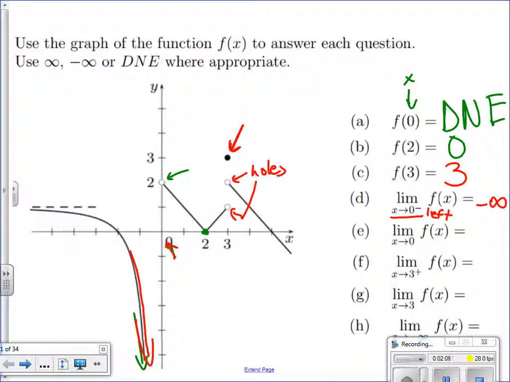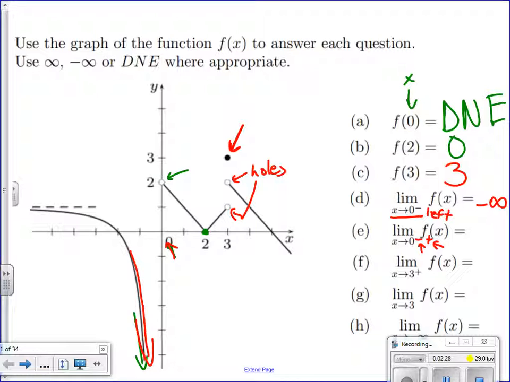Now, for E, when it's saying the limit as x approaches 0, just 0, it doesn't say left or right or negative or positive of this function, it's implying, well, what is it on both sides? What is it as it approaches from the left side, and what is it as it approaches from the right side?